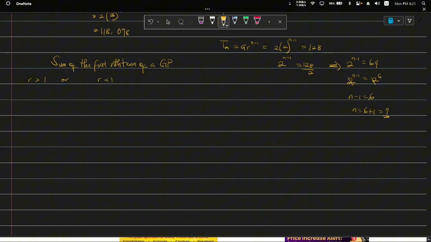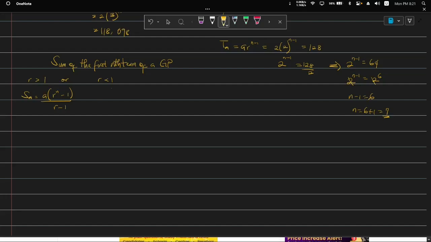If the common ratio is greater than 1, then I'm going to be having the sum of the first n terms to be A into brackets R to the power of n minus 1 over R minus 1.